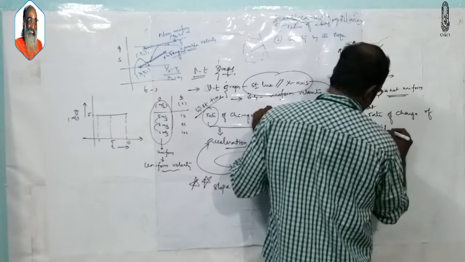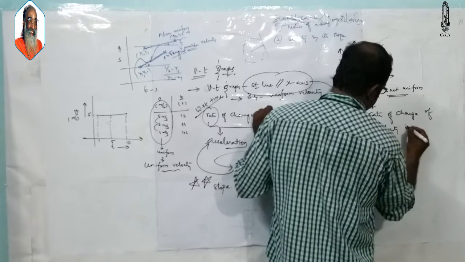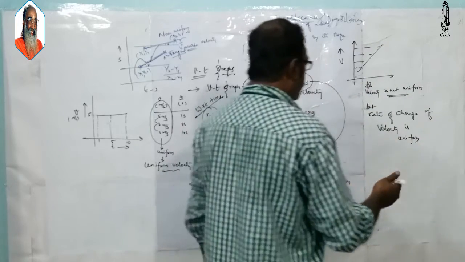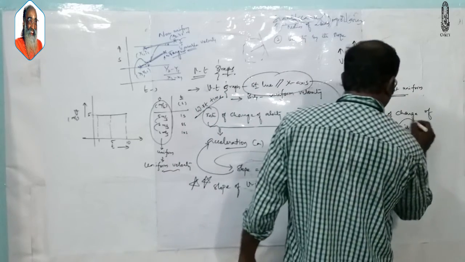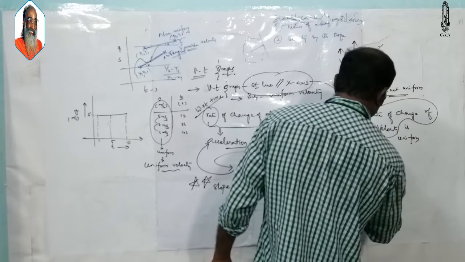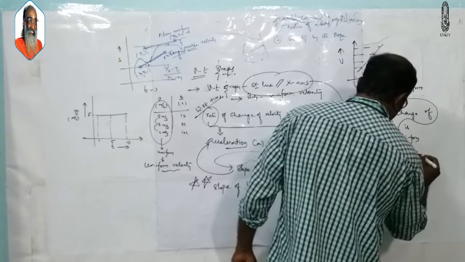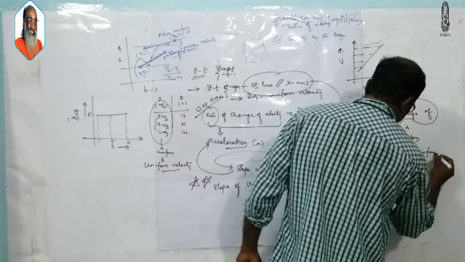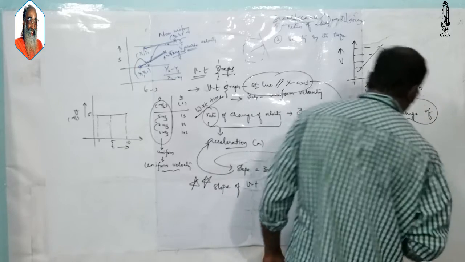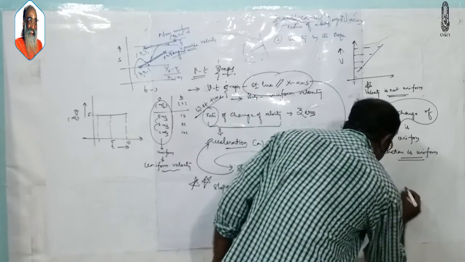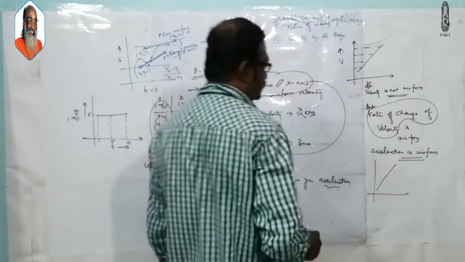What is the meaning of this? This is nothing but acceleration. So acceleration is uniform. The graph is a straight line with inclination to the x-axis, so we can directly say the acceleration is uniform.